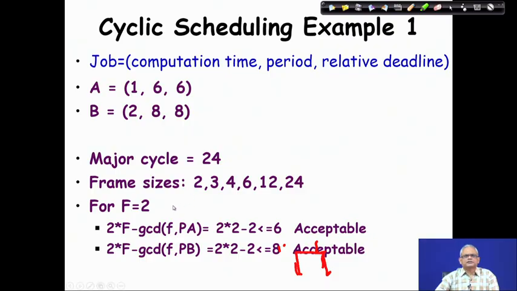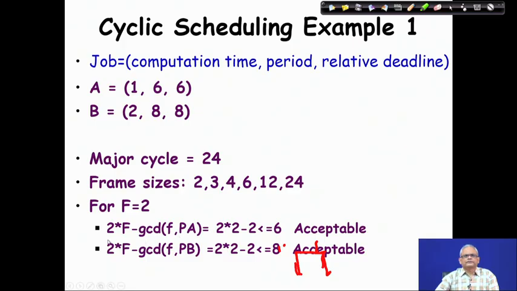So, let us check f equal to 2, and we will check if there is a full frame existing between the arrival of the task and its completion in the worst case. And we had expressed it in the formula 2 into f minus GCD(f, the task period).